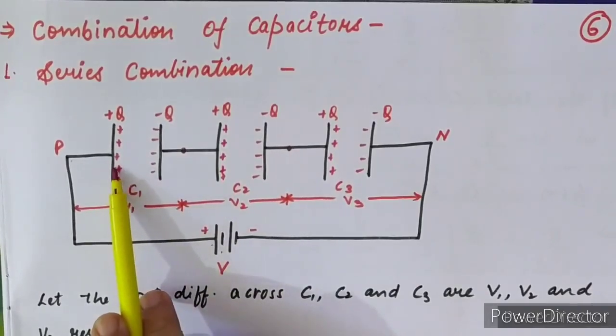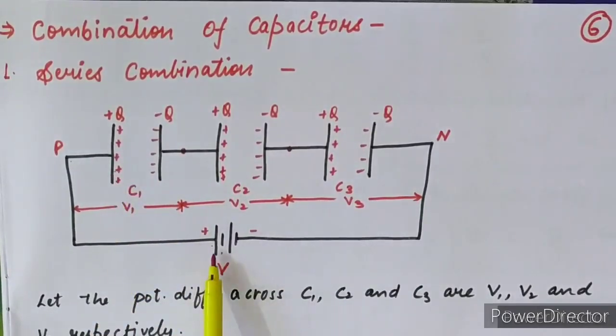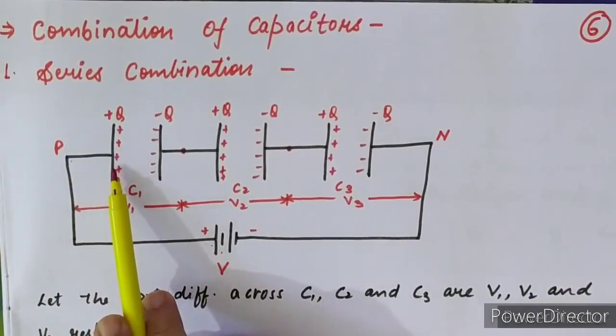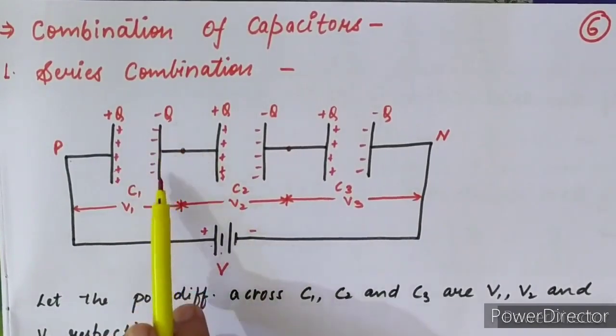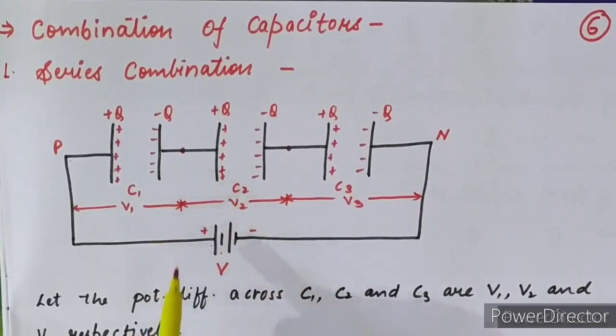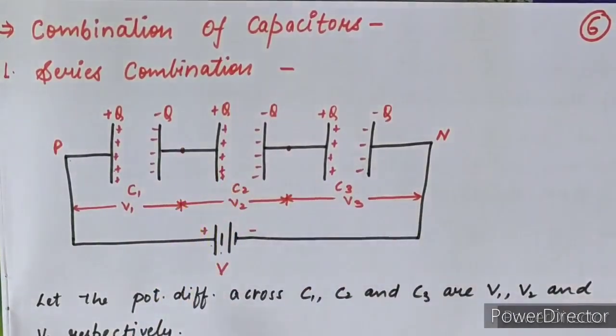Plus Q charge arises on the first plate of capacitor C1 due to the positive terminal of the battery, and due to electrostatic induction, a negative charge appears on the inner face of the second plate of capacitor C1. Clear? And a plus Q charge on the outer face.